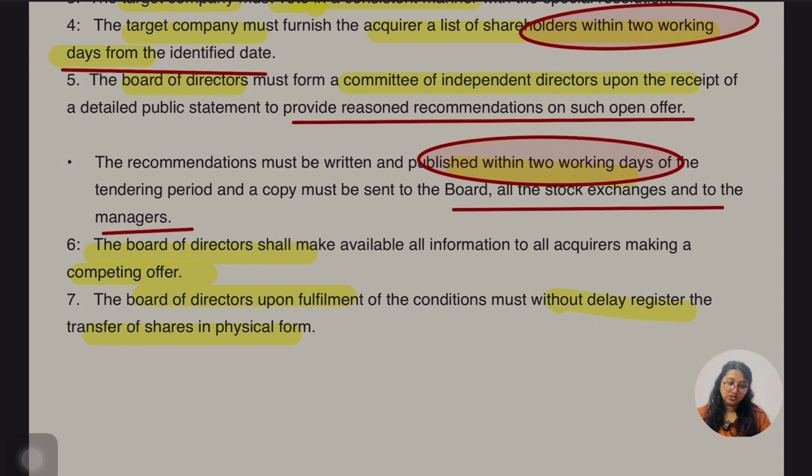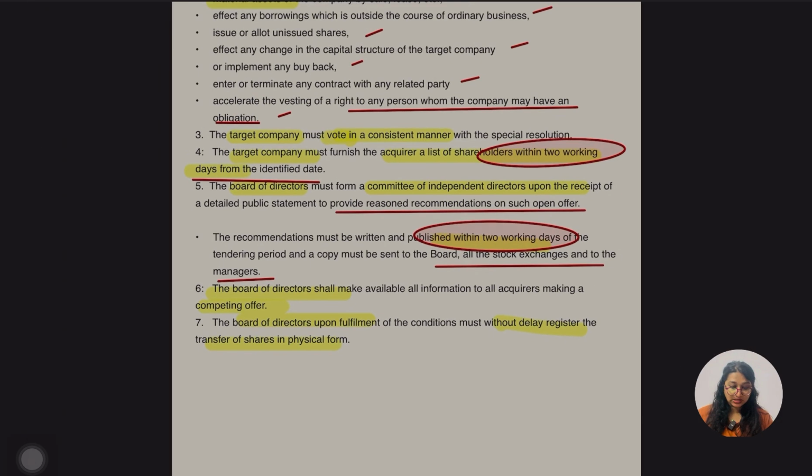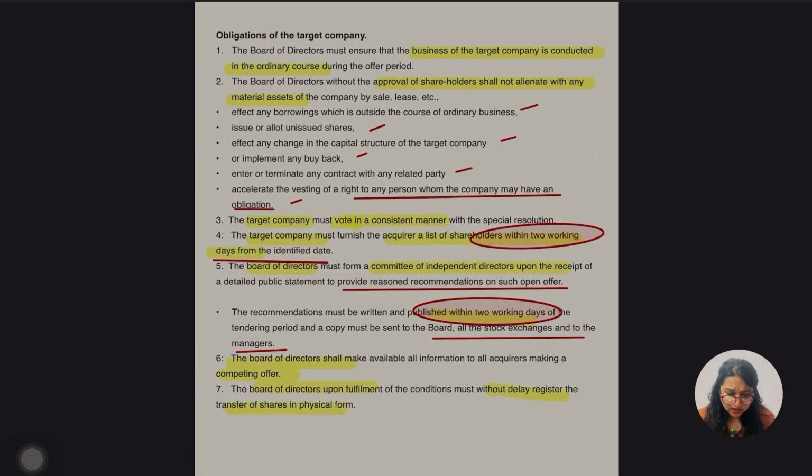The board of directors shall make available all the information to an acquirer making a competitive offer. Upon fulfillment of the conditions, the BOD must without delay register the transfer of shares in physical form. These are some of the obligations to be fulfilled by the target company.